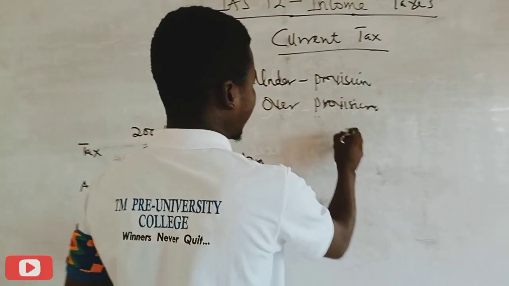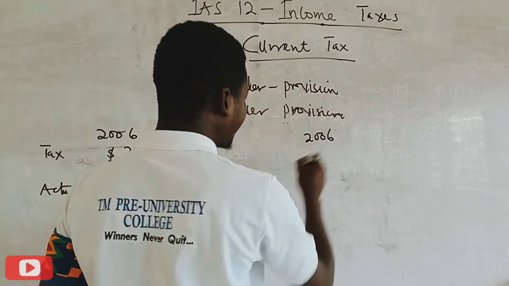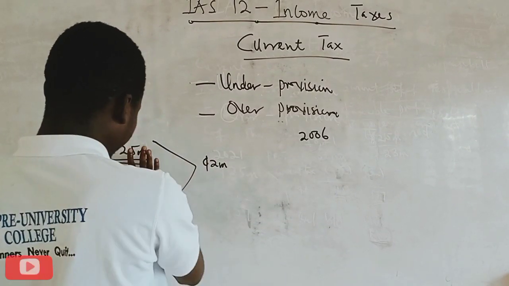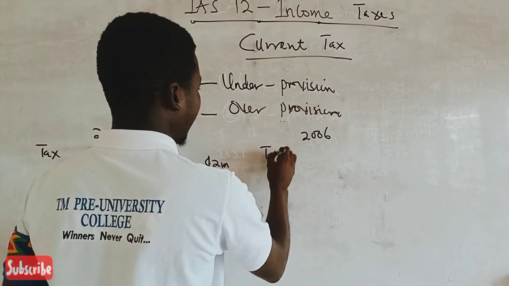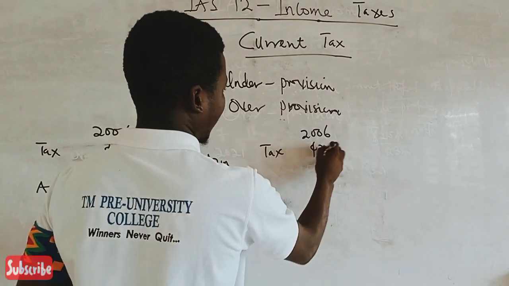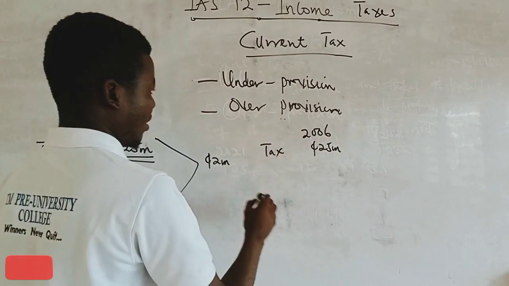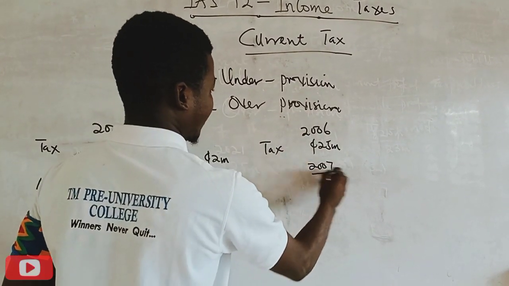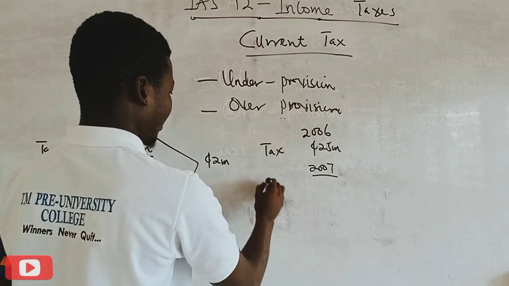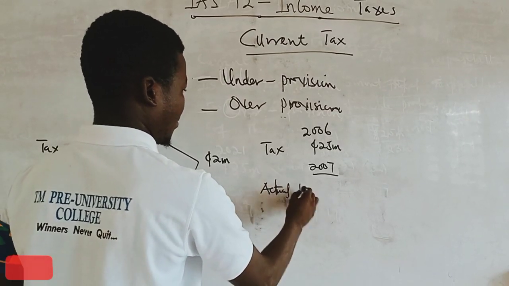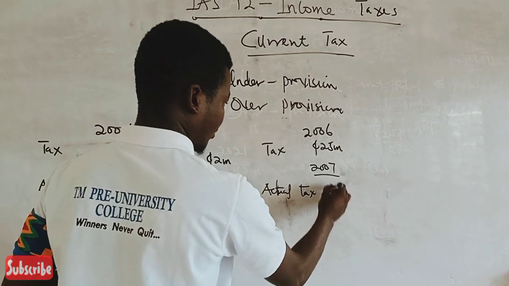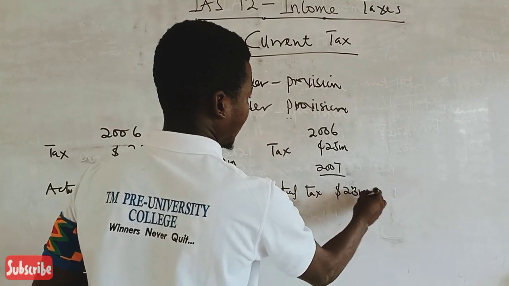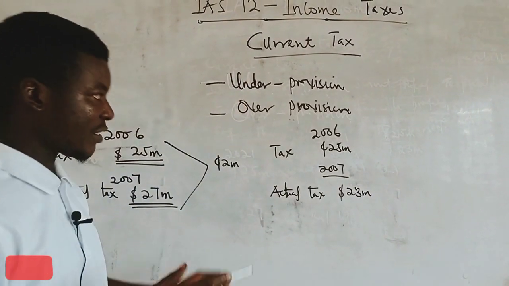Let's assume that for the same 2006, the entity tax was 25 million. But in 2007, which is the subsequent year, the actual tax given to them was 23 million. What is happening?